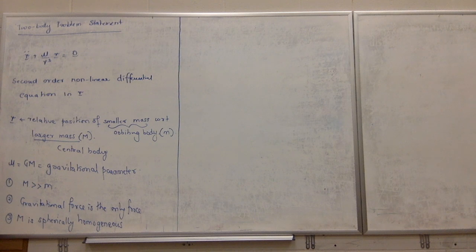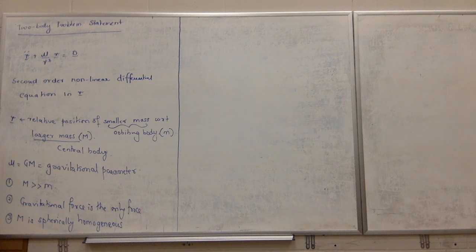You assume that Earth is a sphere and it is homogeneous. But it's not. But we assume that. The derivations are made under the assumption that the central body is spherically homogeneous. Otherwise, this will change. You cannot just use mass, you have to use the inertia.